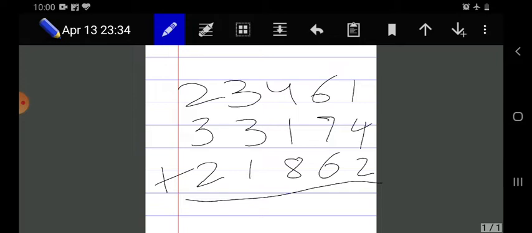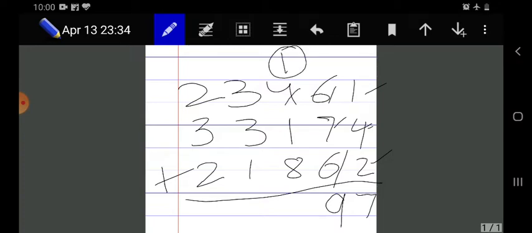These are three numbers. So first of all, 1 plus 4 is 5, 5 plus 2 is 7, 7 is here. Moving to the next, 6 plus 7 is 13, 13 plus 6 is 19. 9 will be here and 1 will be carried forward.